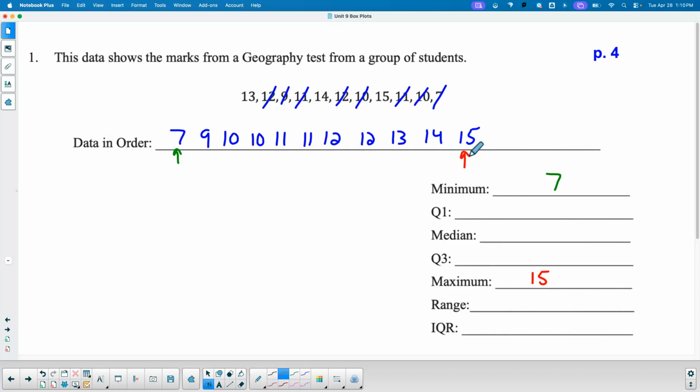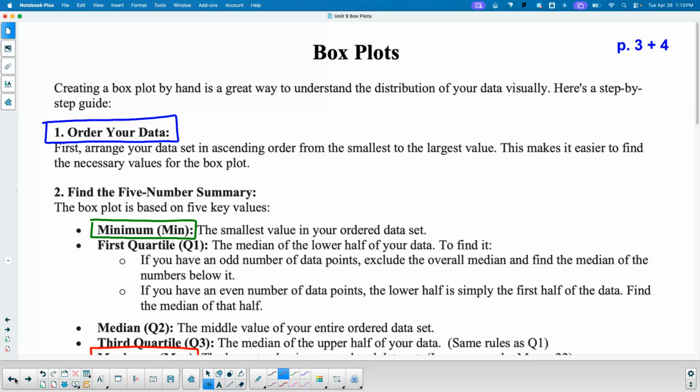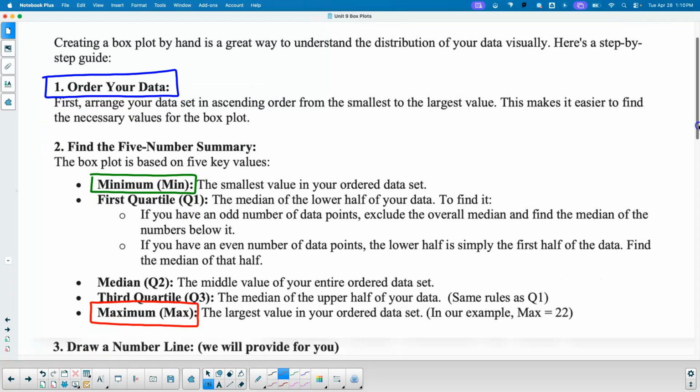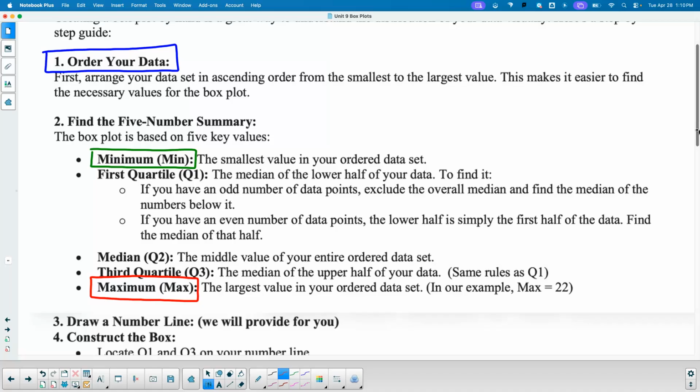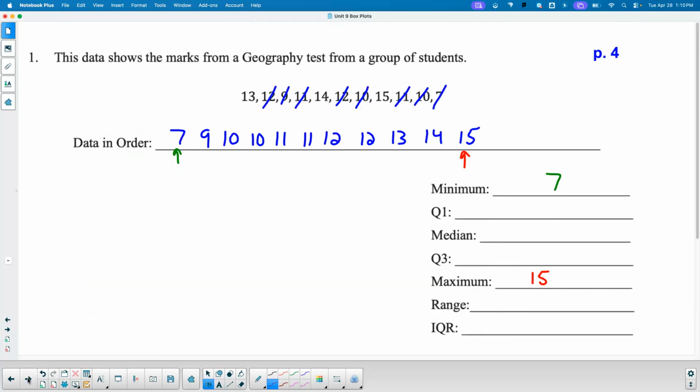Next of the 5-number summary is we need to find the median. Now, we talked about that last Friday, about finding the median. That's going to be the middle number of our ordered data set. So how many data points did we have in our set? 11? 1, 2, 3, 4, 5, 6, 7, 8, 9, 10, 11.